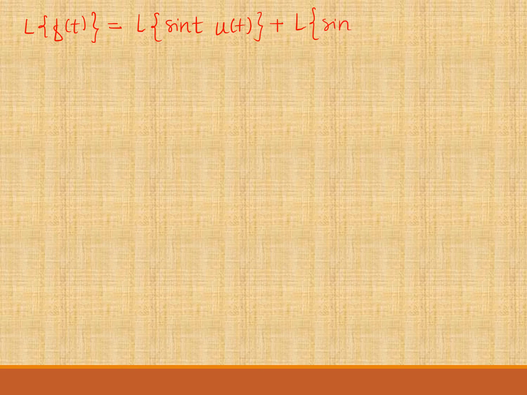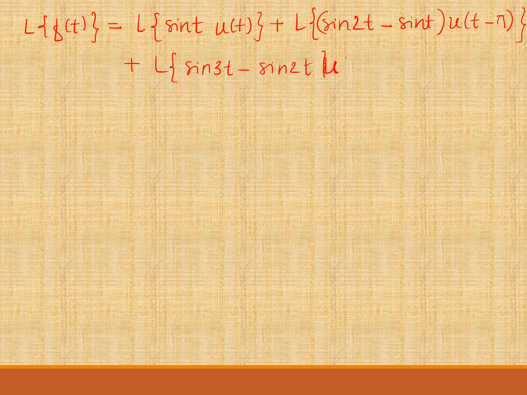So here we have the Laplace of f of t is equal to Laplace of sin t into u of t, plus Laplace of sin 2t minus sin t into u of t minus pi, plus Laplace of sin 3t minus sin 2t into u of t minus 2 pi.